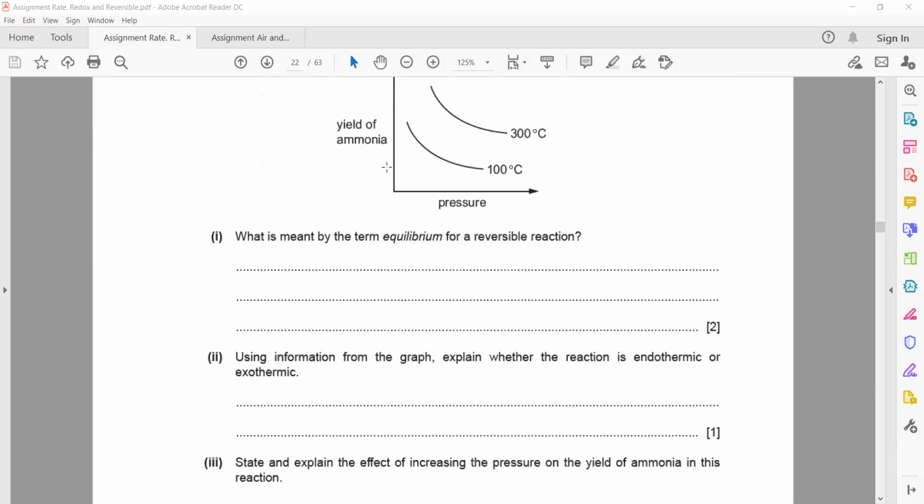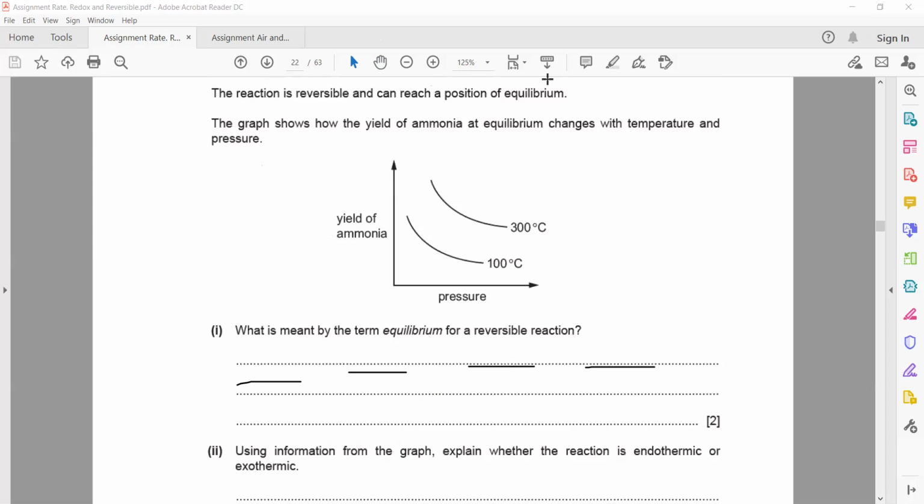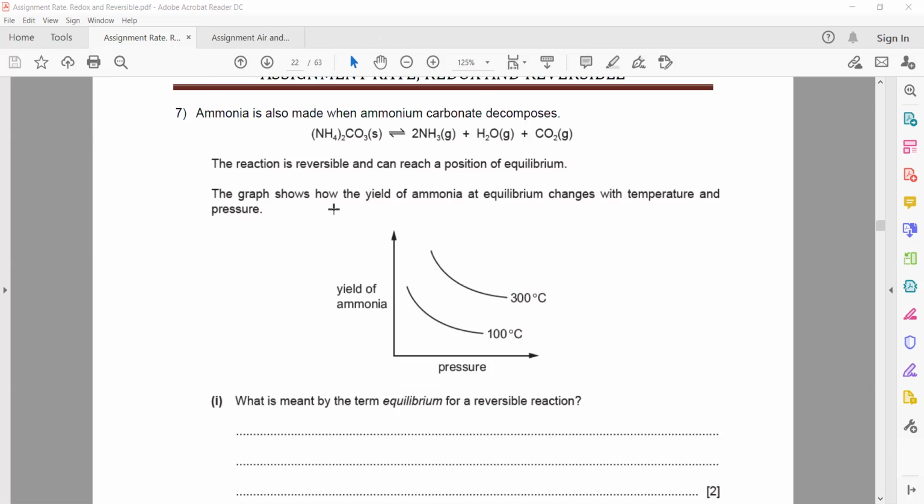Then the second part, use the information to explain whether the reaction is endothermic or exothermic. Use this information, the temperature. Can you identify whether the forward reaction is endothermic or exothermic?